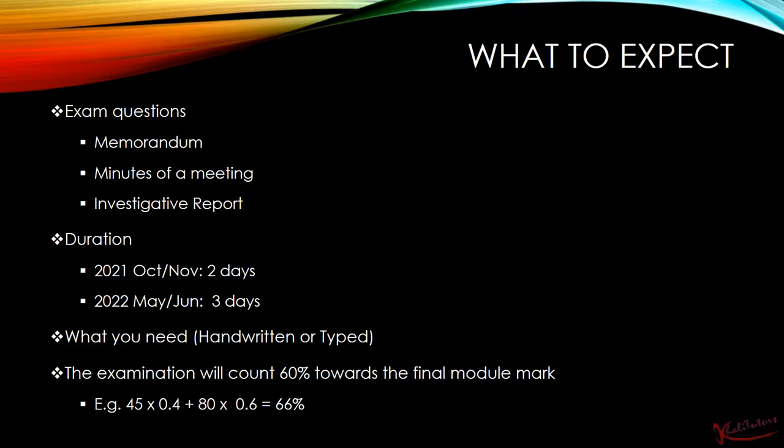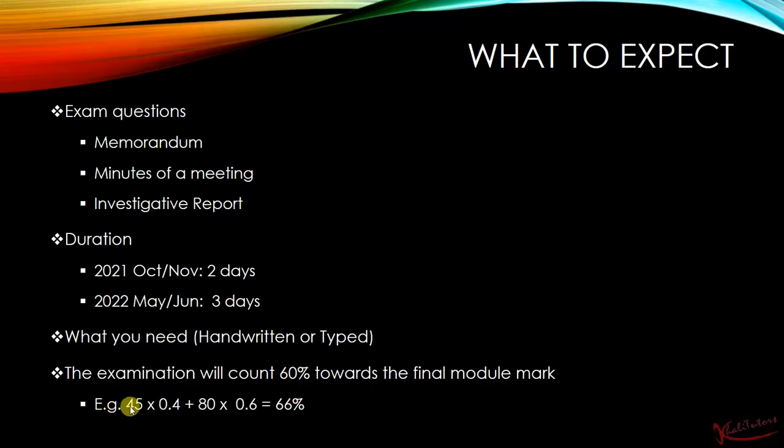Okay, another very important aspect is that you need to understand that your portfolio mark will count like 60% towards your final mark. So for example, if your class mark is 45, I don't mean that most of you have like less than 50. It's just a random number.